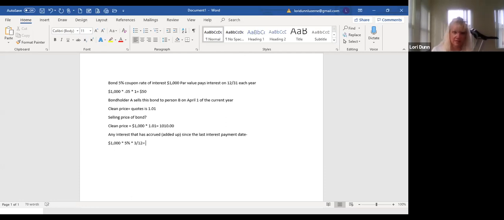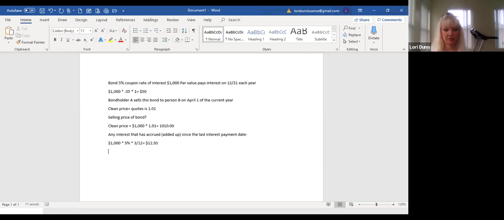Because the last time interest was paid to bondholder A was on January 1. They've held this bond for 3 more months, never received this interest. So 1,000 times 0.05 times 3/12 is $12.50.